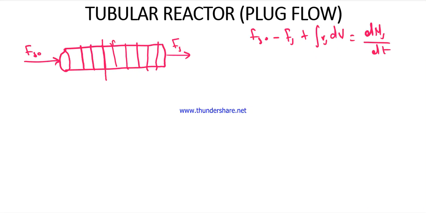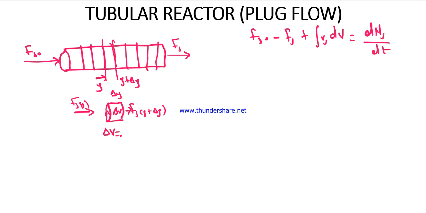We cut a volume out like this, and it looks like a small cylindrical tube. The thickness of what we cut out is delta y, the volume of the subvolume is delta V, and the surface area at the face is A. So delta V is equal to area times delta y as thickness.